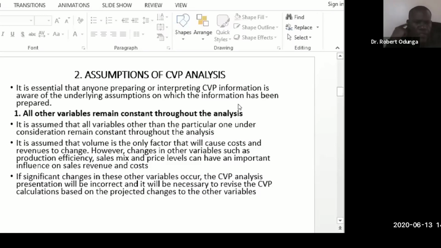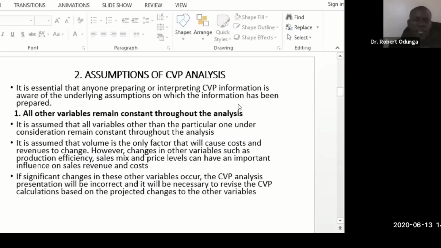Okay, so sales volume is critical here because if you sell more, you are able to cover your costs, you are able to break even, and you're able to make profits. So sales volume is critical here. You increase your sales volume, you're able to cover your costs, you're able to make profits.